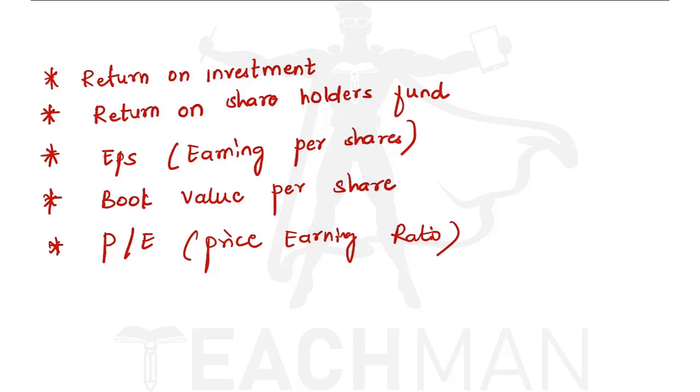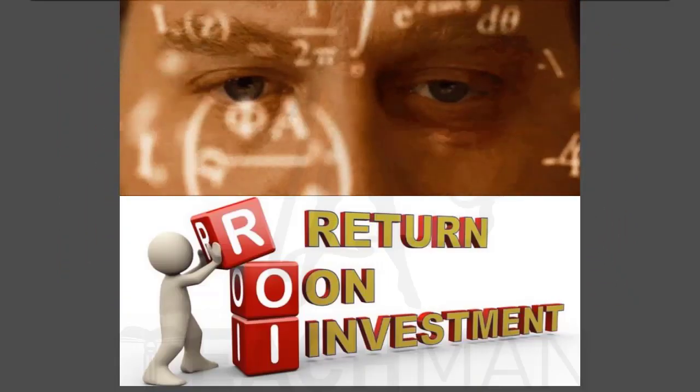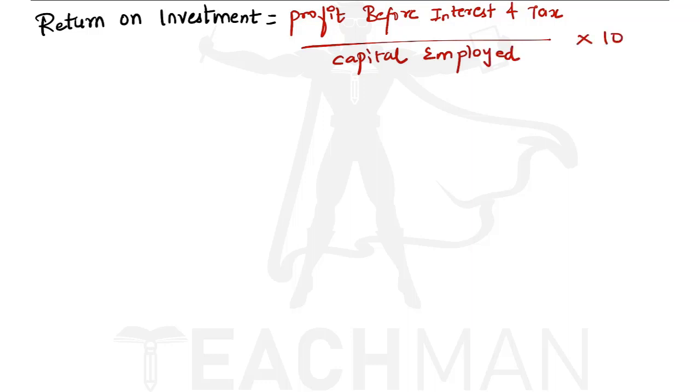First, let us find out the return on investment. Now, what is the formula of return on investment? So, return on investment is equal to profit before interest and tax divided by capital employed into 100.